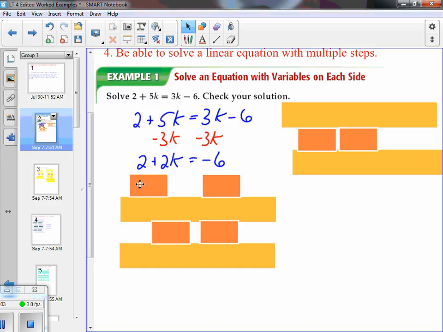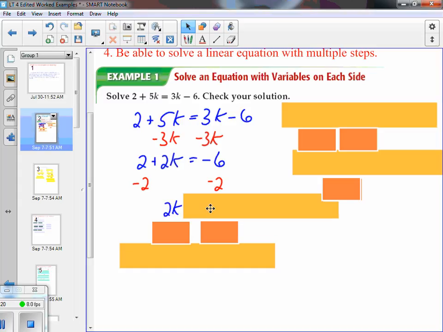I do that by subtracting 2. Why does subtracting 2 work? Because 2 minus 2 is 0, and the 2 is not there anymore. But I can't just subtract 2 from one side. You guys know that. I have to subtract 2 from both sides. On the left side now, 2 minus 2 is 0, but bring down the 2k. On the right side, negative 6 minus 2 is negative 8.